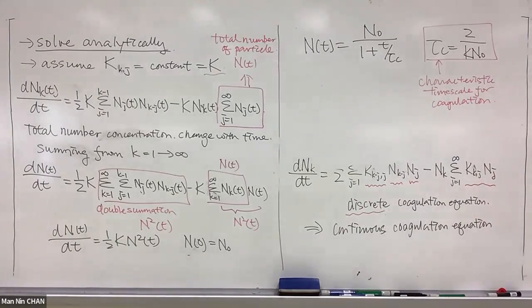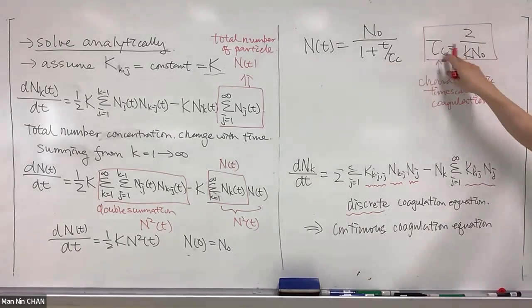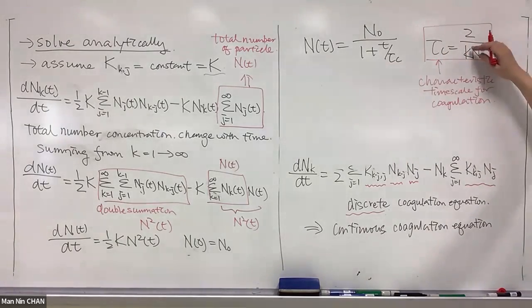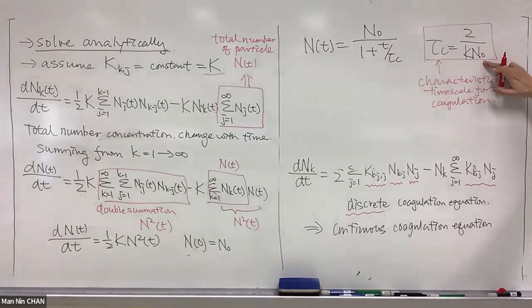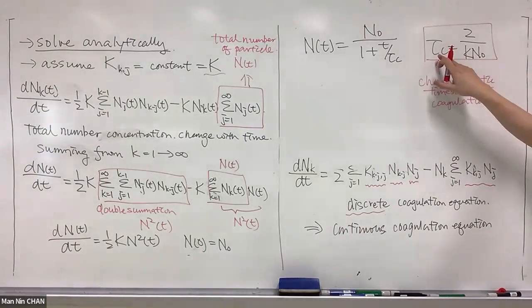Basically, if you look at the definition, you can consider the time required to reduce to, say, 50%, you can see N0 divided by 2, so 50% of your initial number concentration. So this is the tau c. If you know the coagulation coefficient and your initial number concentration, we can calculate the tau c.